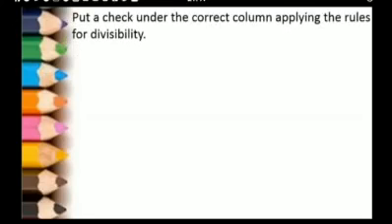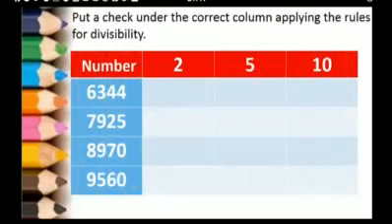So, the activity given is to put a check under the correct column applying the rules for divisibility. For 2, do you think it is divisible by 2?